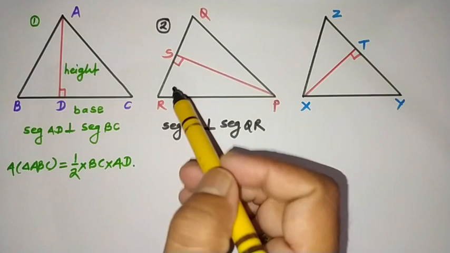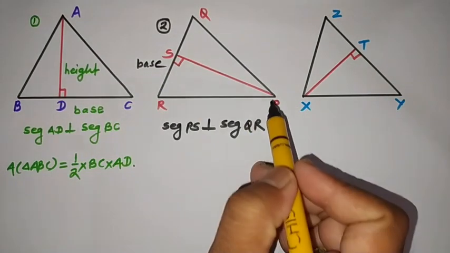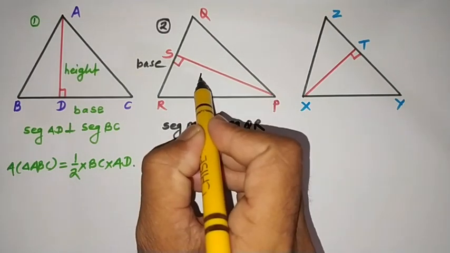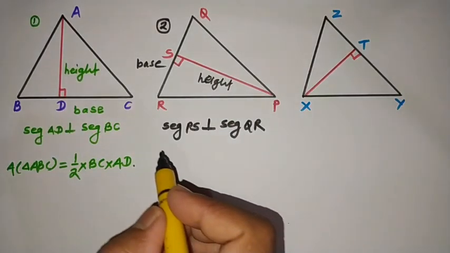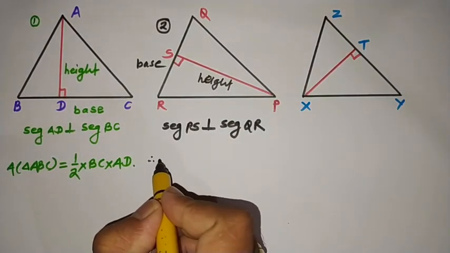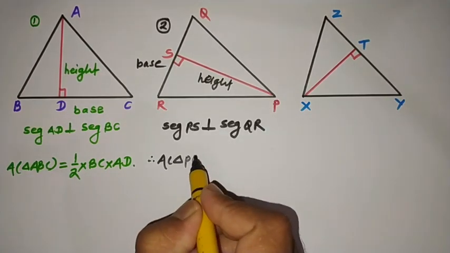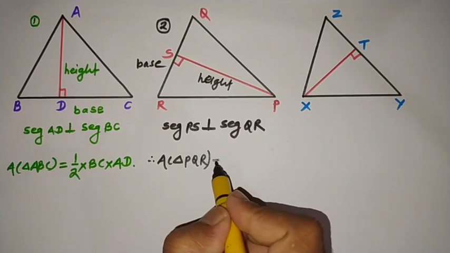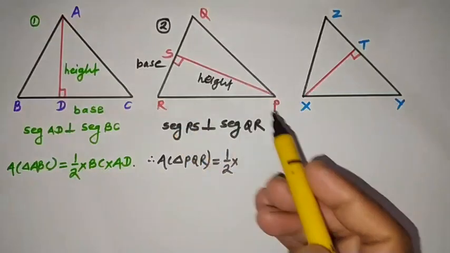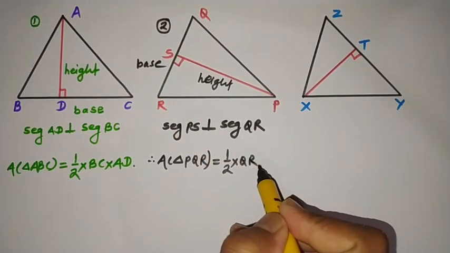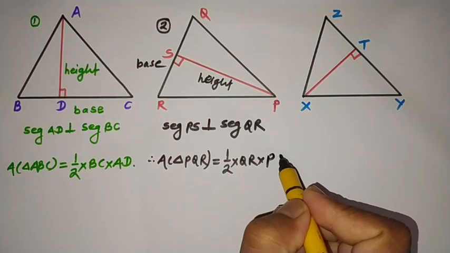It means QR is the base and segment PS is the height. Write down the formula. Area of triangle PQR is equal to 1/2 base into height. Base is segment QR and height is segment PS.